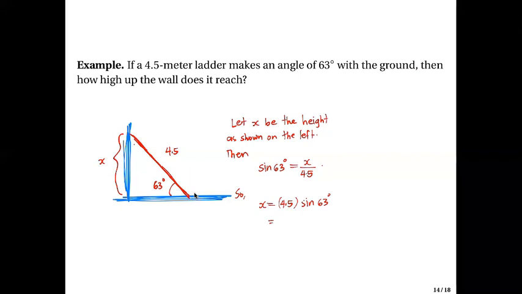We will get 4.009529359. Okay? Since we have one decimal place for this here, let's just put one decimal place in here.